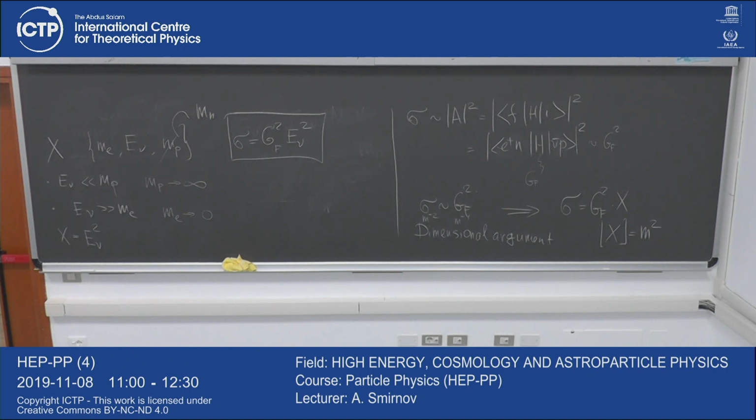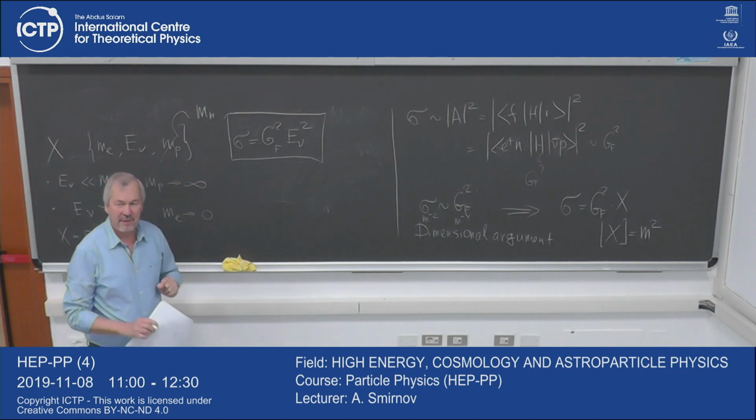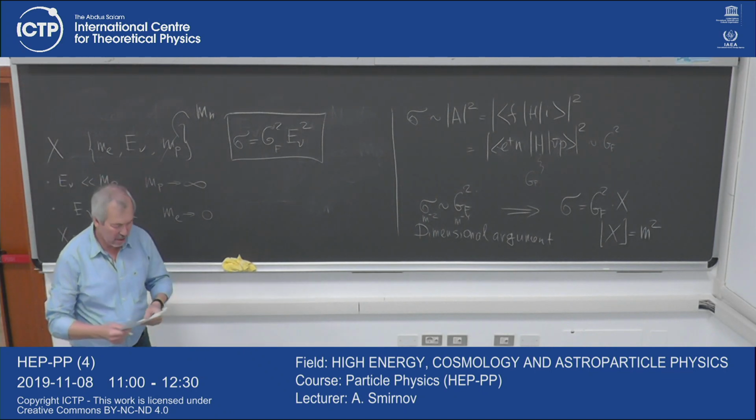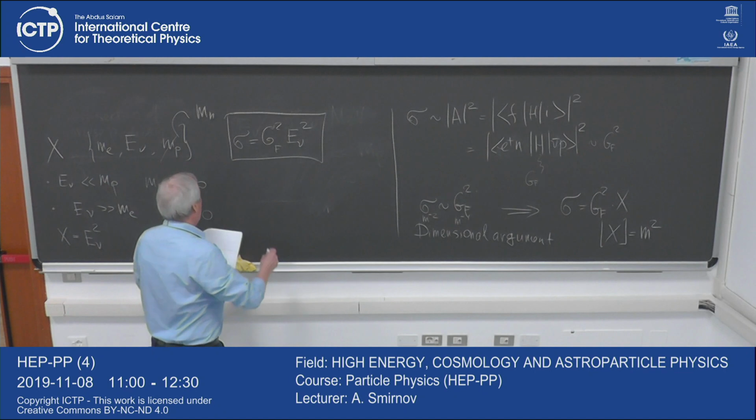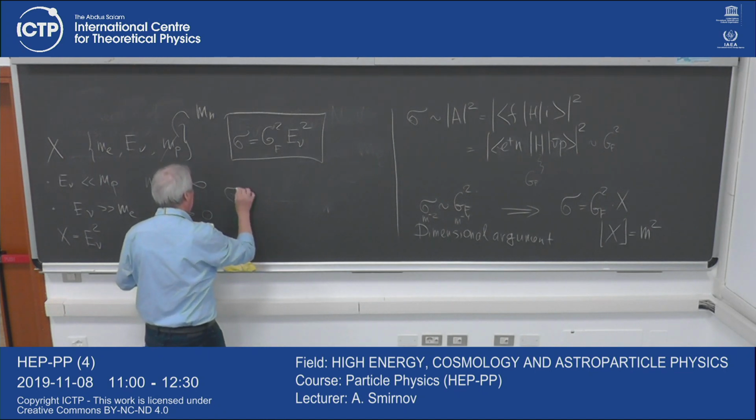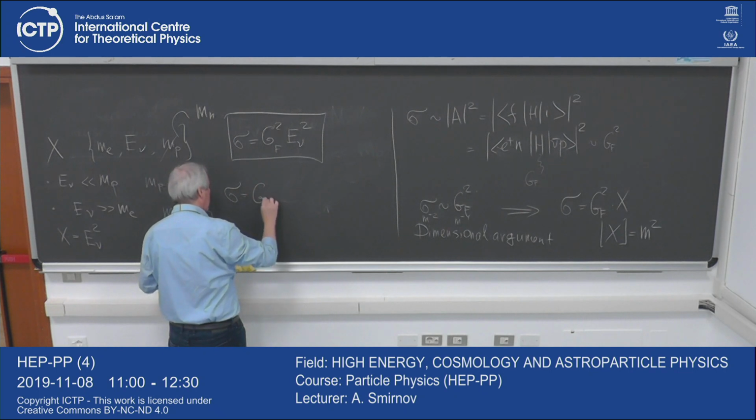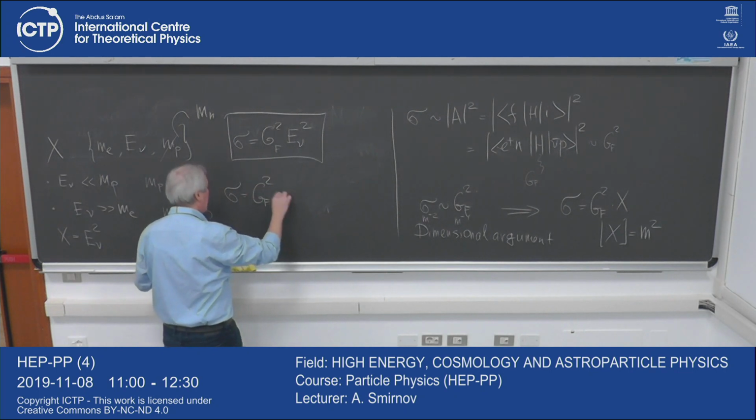In fact, this is very close to what we have as a result of exact computations. Now let me write the formula. Sigma is G Fermi squared.